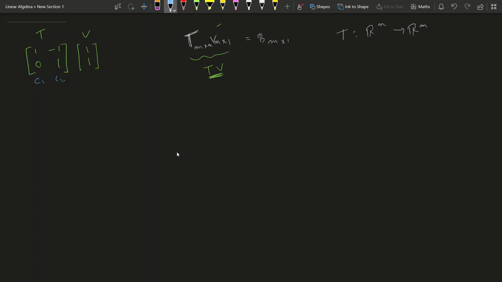So what do I mean by this? Well, I said that Tv is nothing but the vector in a space that has basis vectors c1 and c2. So these are my basis vectors, and if I extrapolate, this will create a space, right?